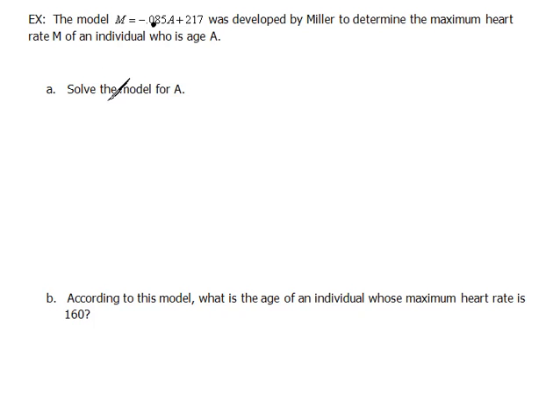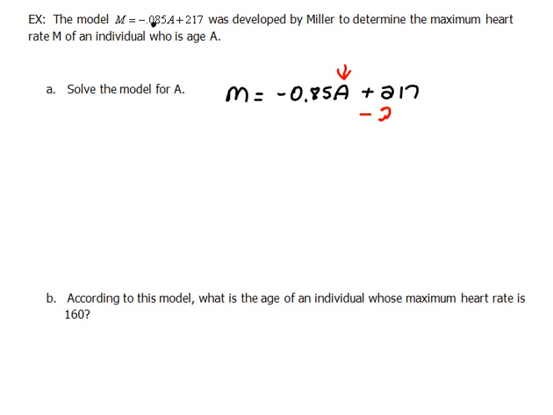Now, the actual problem says solve the model for a. So we're starting out with m equals negative 0.85a plus 217, and we're supposed to be solving for a, or getting a all by itself. Right now a is being multiplied by 0.85, and it also has 217 added to that. So let's undo these operations one at a time.